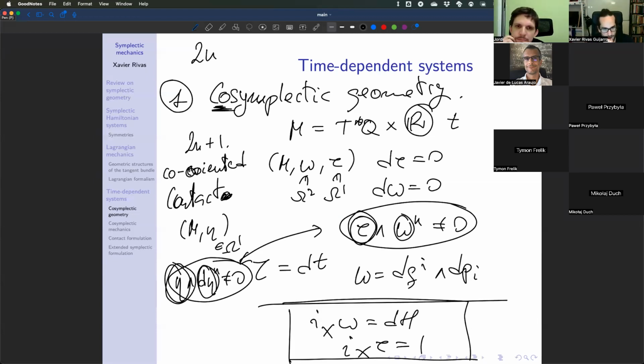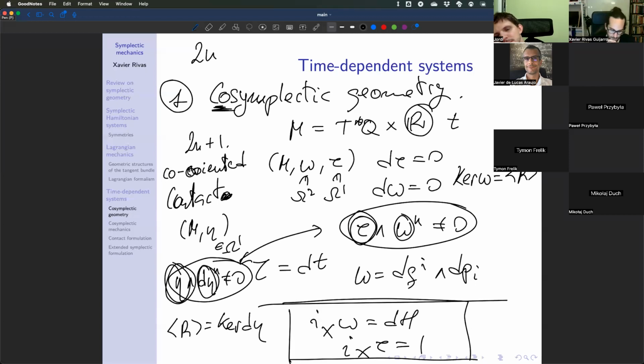There is a nice way of passing from one to the other. For example, when you have the cosymplectic structure, you have the omega, that is a presymplectic form with a kernel that is one-dimensional. Actually, the kernel is generated by the Reeb vector field. The thing is that this omega is closed, so you have a potential, a certain one form whose differential is omega.